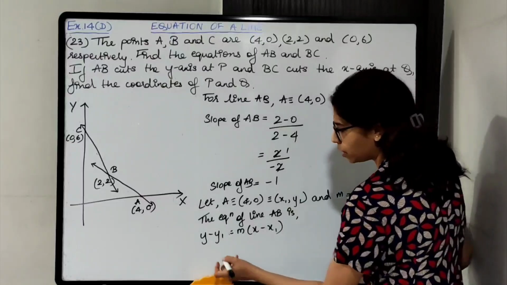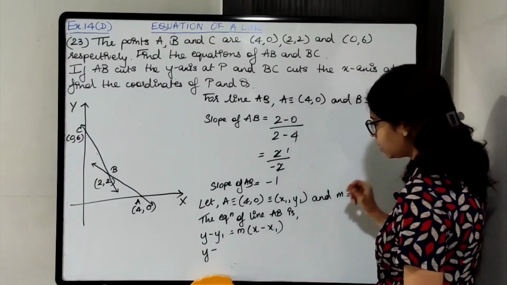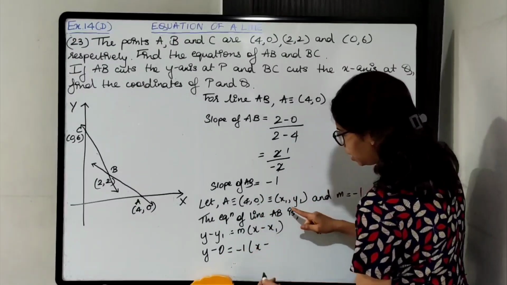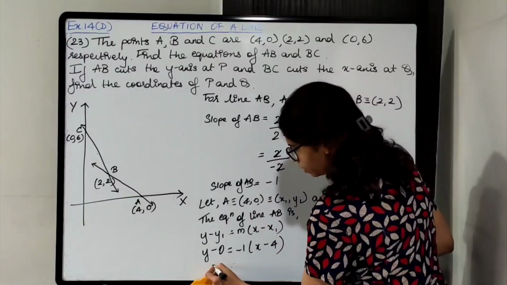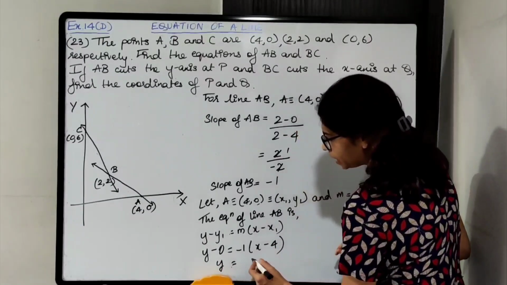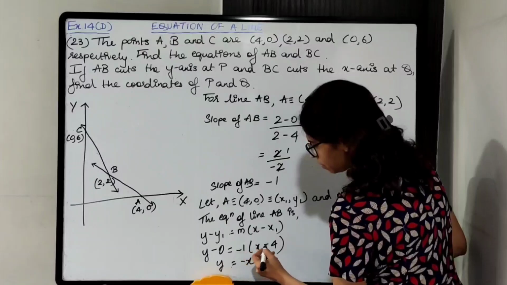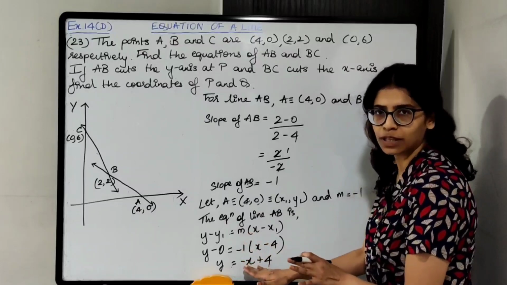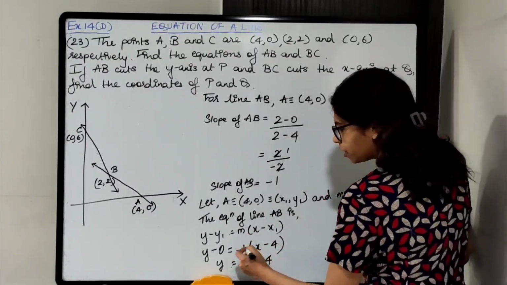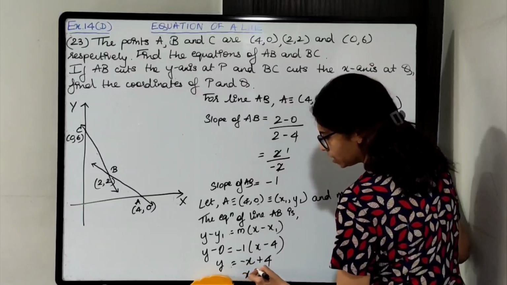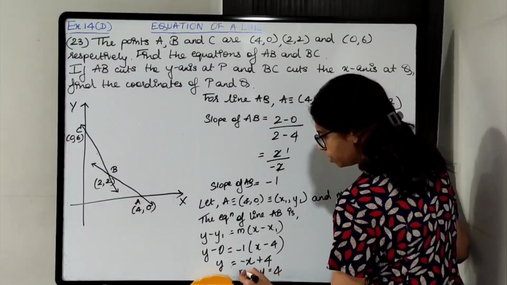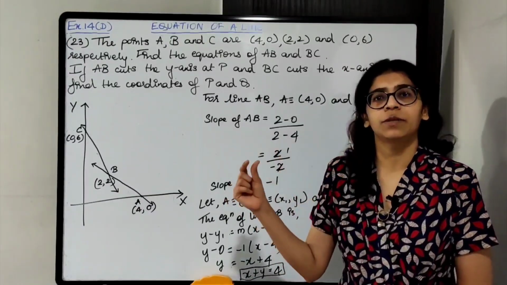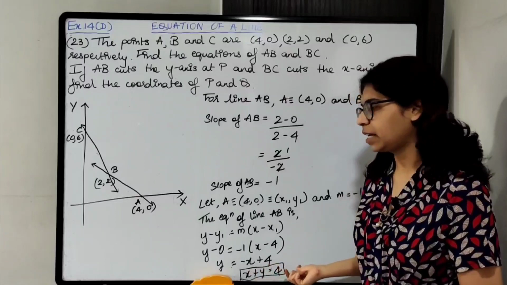Put the values of x1, y1 and m. y1 is 0, m is minus 1, x1 is 4. y minus 0 becomes y. Opening the brackets, minus x, minus into minus plus 4. This is also correct, you can keep it like this. And what I'll do is shift x on the other side. So x plus y is equal to 4 will be the equation of the line AB. Box it and write down the statement. The equation of line AB is x plus y equals 4.